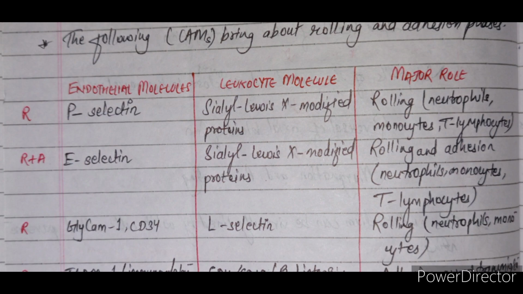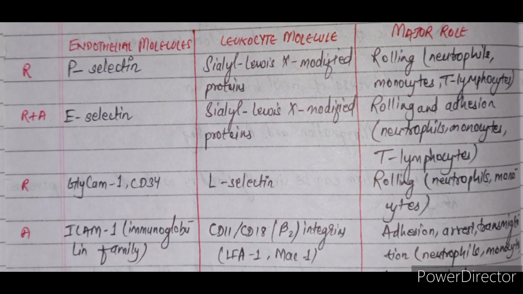So it is easy to remember: both P and E selectin of endothelial cells make bonds with sialyl Lewis-X modified protein of the leukocyte. Now here comes L-selectin, which is the molecule of WBC, not endothelial cell, and it will make a bond with glycam-1, that is CD34 molecule of the endothelial cell.